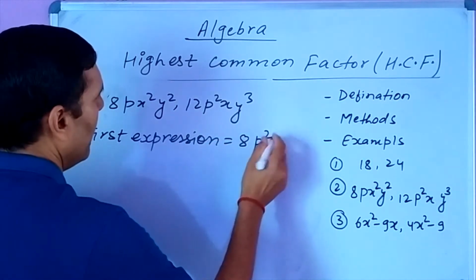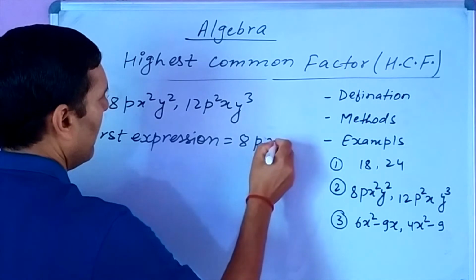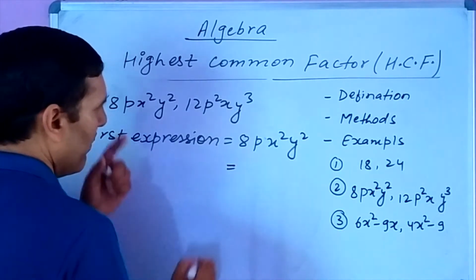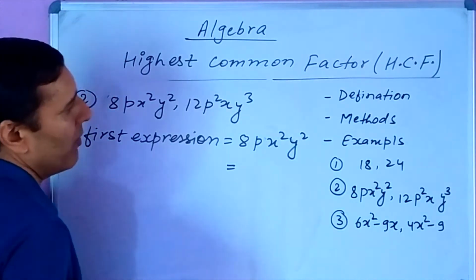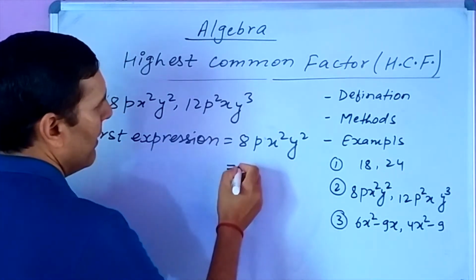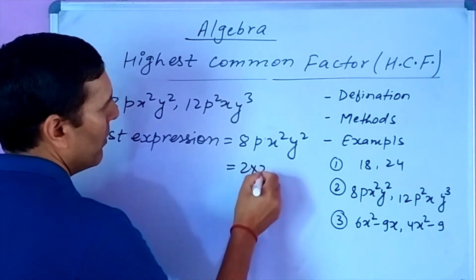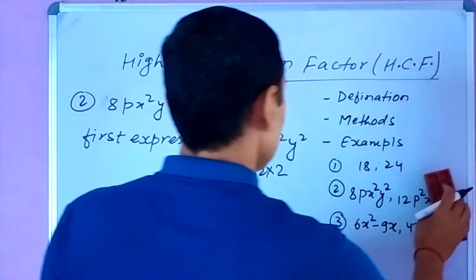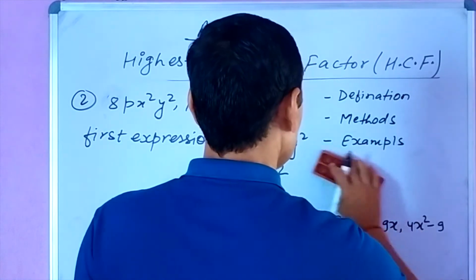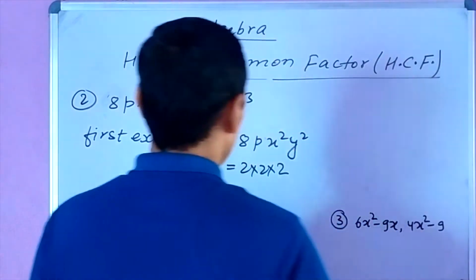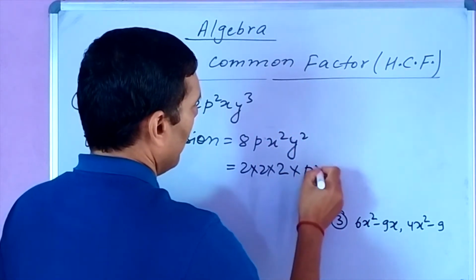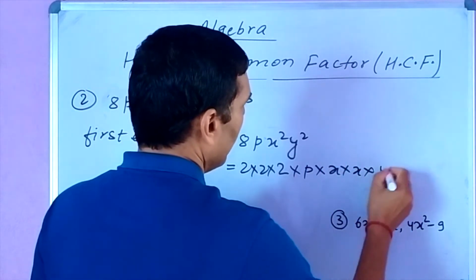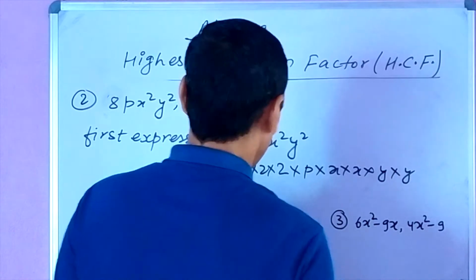We factorize the number as well as the variables here. 8 is 2 into 2 into 2. We have a single p, and x square is x into x, y square is y into y.